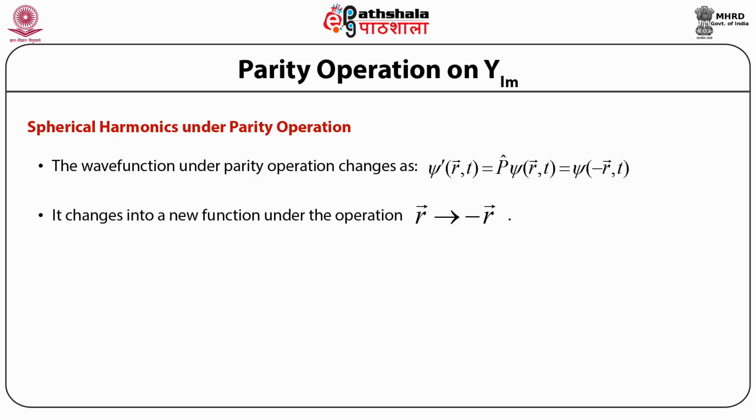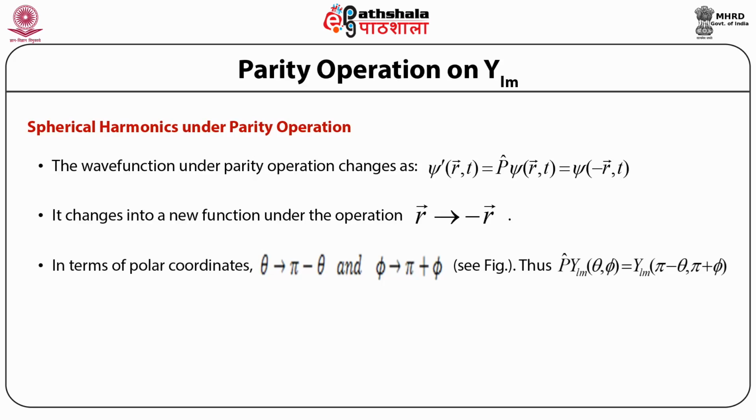That is, when the parity operator acts on the wave function, it changes under the operation vector r going to minus vector r. In terms of polar coordinates, the parity operation changes the angle theta as theta goes to pi minus theta, and the angle phi as phi goes to pi plus phi.